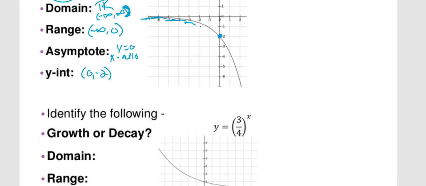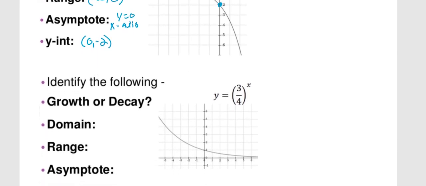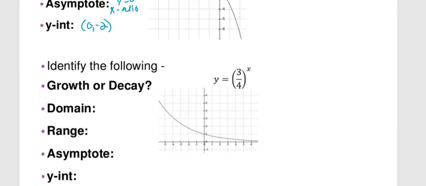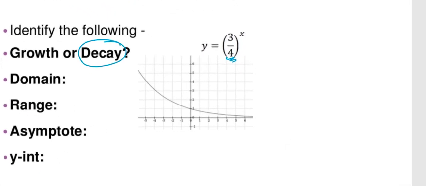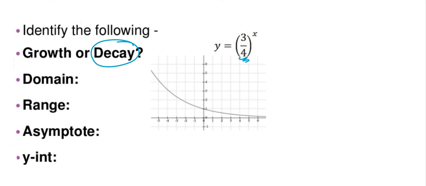Last problem like this. The third one says identify the following. Is this growth or decay? This is going to be decay. The number to the power is less than 1. It also should be pretty obvious because it shows a steady decline. If it looks like it's coming downhill, decaying, getting less, it's decay.